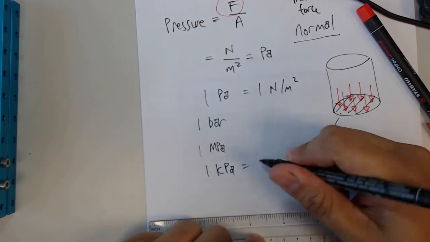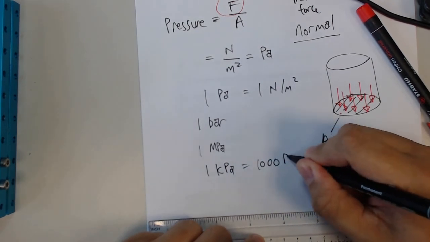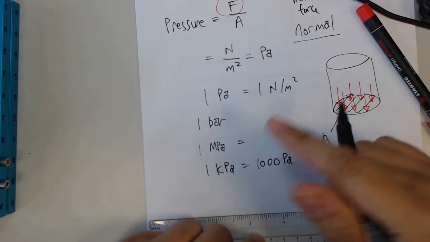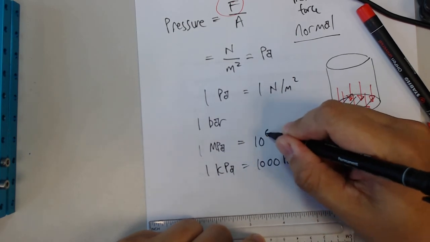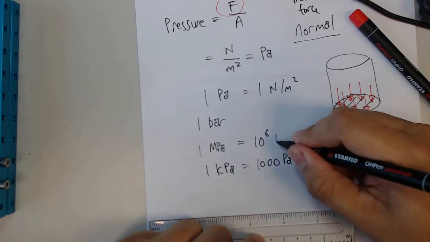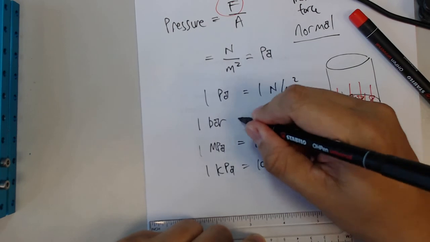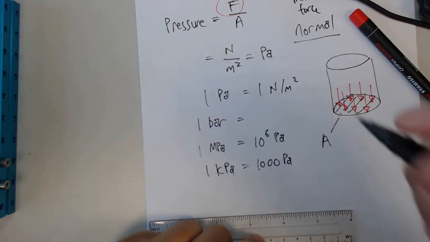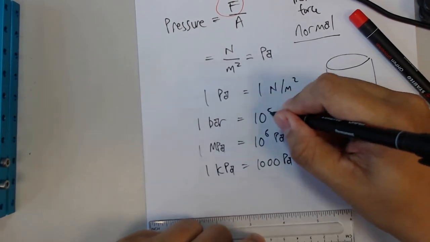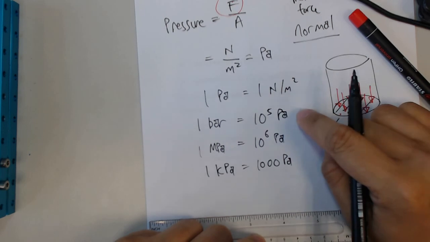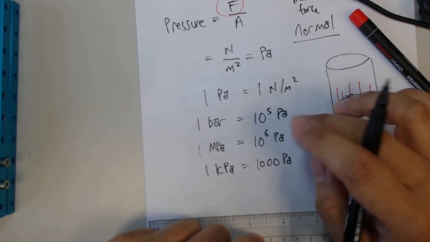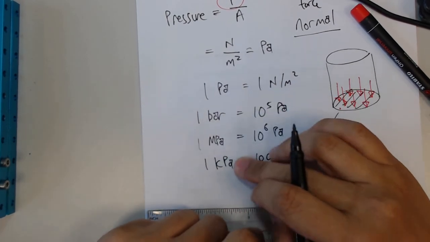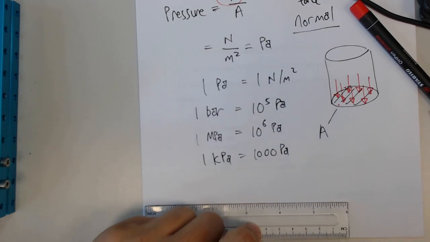Kilo, of course, will be 1000 pascals. Mega is 1 million, usually we say 10 to the power of 6, so 1 million pascals. And 1 bar is related to 10 to the power of 5 pascals, which is 100,000 pascals. So these are the units that are commonly used, apart from pascals.